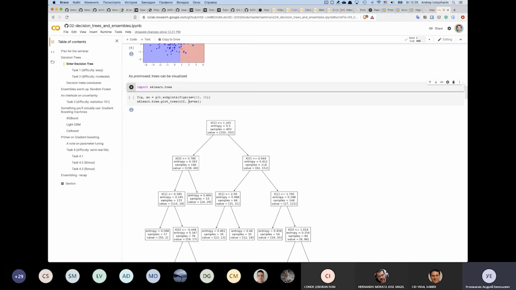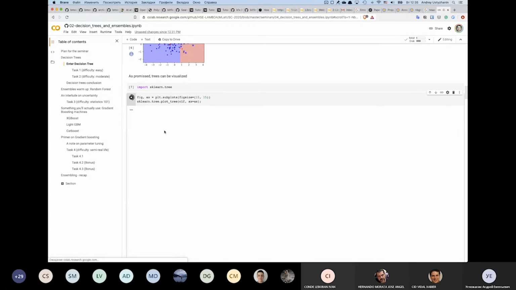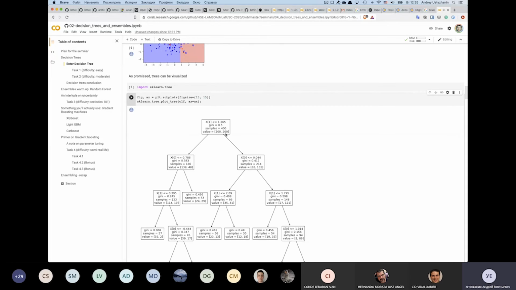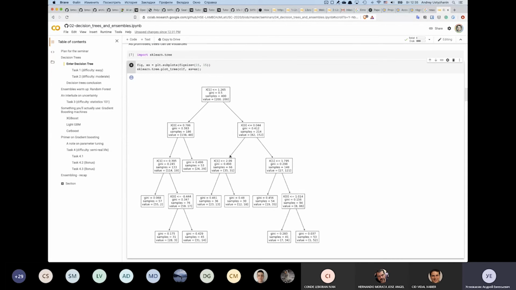The second argument denotes the place where we want this picture to be plotted. Since we fixed a random state, the picture should not change. It shows you the internal structure of the tree.